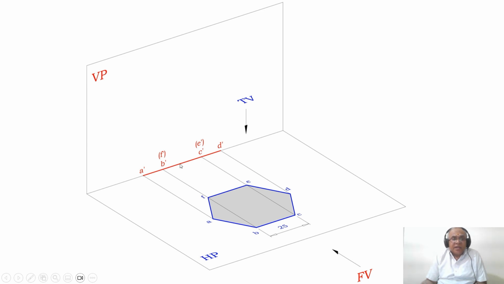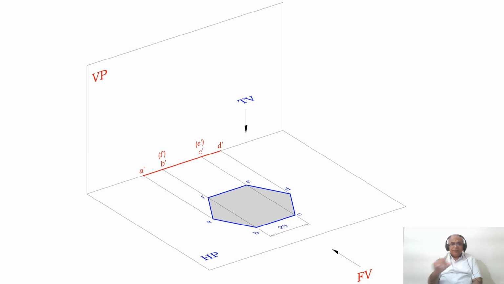The lamina is parallel to HP and perpendicular to VP. Since the lamina is parallel to HP, in HP you are getting the true shape. Where is HP? HP is below the XY line, and also when you look from the top view, you can see all the sides are visible, having the true length of 25 mm.